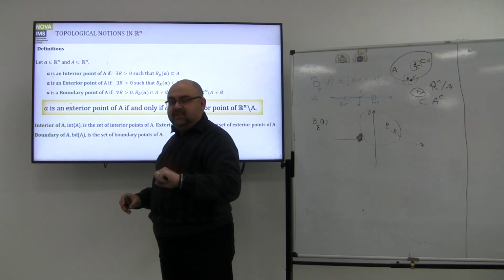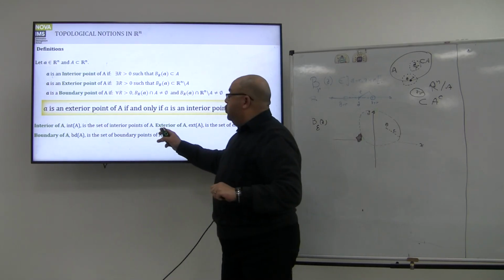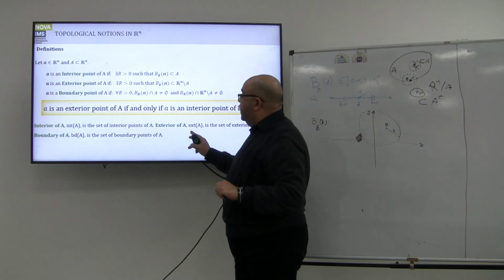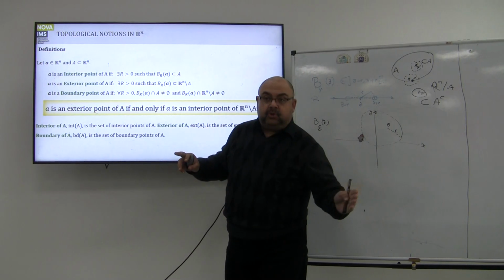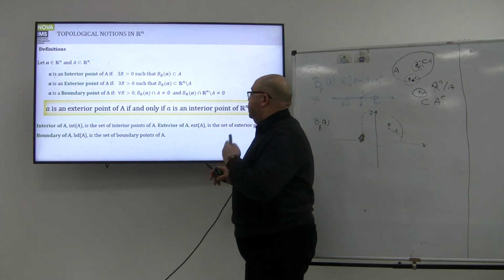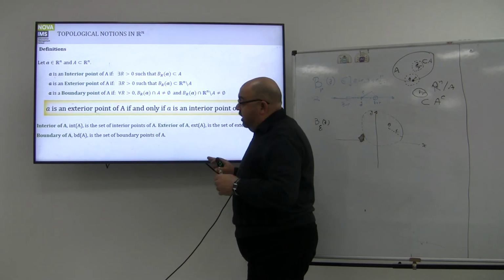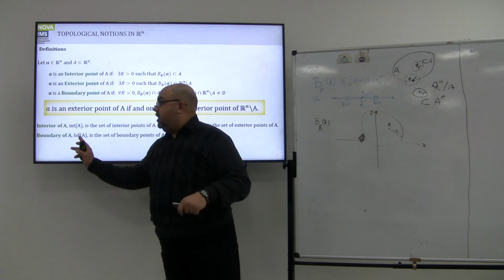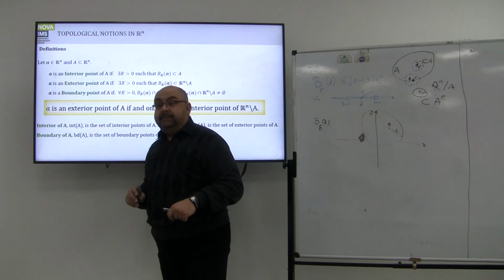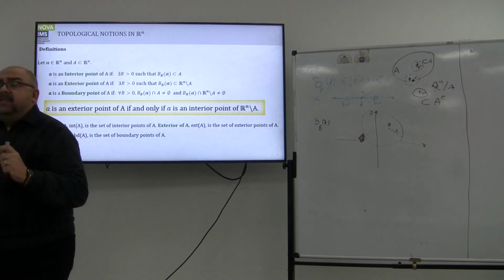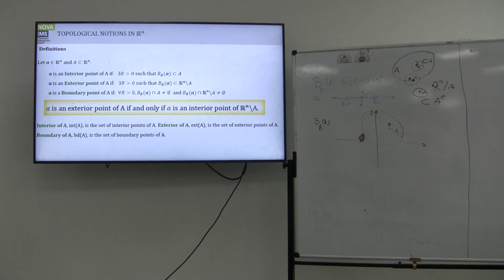The exterior of A is symbolized by ext of A, which means it belongs to the outer of set A. If it is on the boundary, we can symbolize it by BD of A. The boundary points are sometimes called the frontier of A. So it's boundary and frontier.